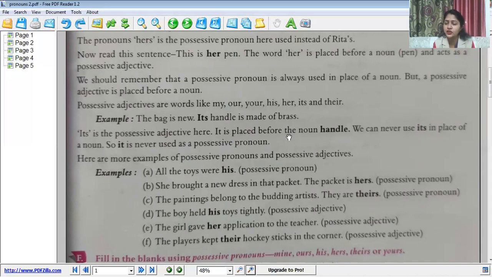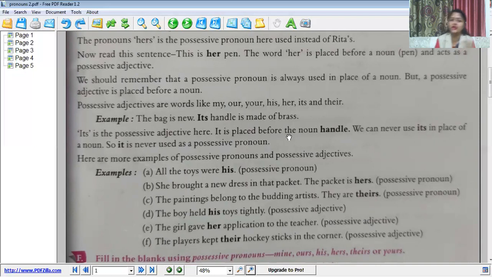Now application is a noun here, okay children? So her has become a possessive adjective. See the next example. The players kept their hockey sticks in the corner. Again, hockey sticks is a noun and they have used their there. So children, there is a possessive adjective here.